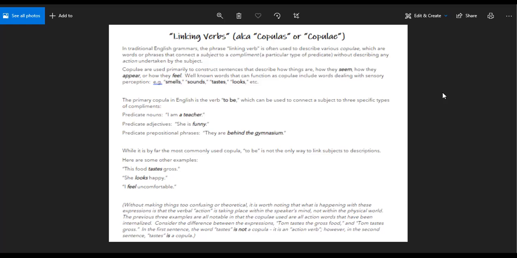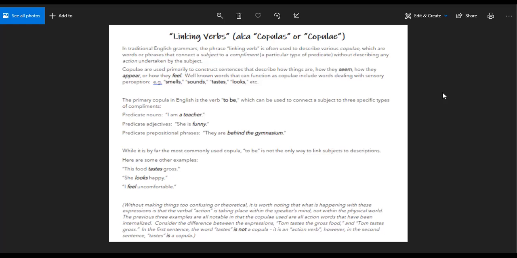If you look down here below at the final three examples, I've given you three examples of ways in which words that are not the verb to be can be used as linking verbs or copulas. These three examples are all words that can also be action words, but we can convert them and use them to describe our perception of things.